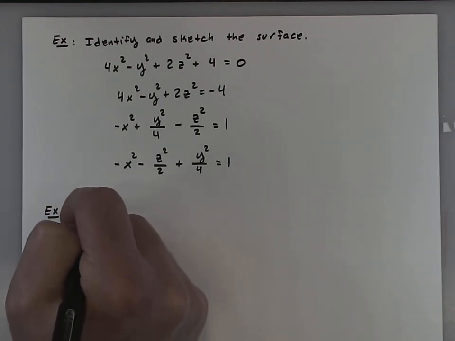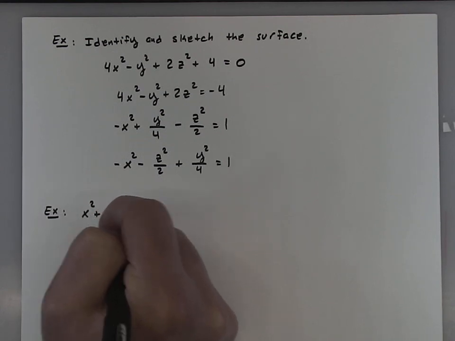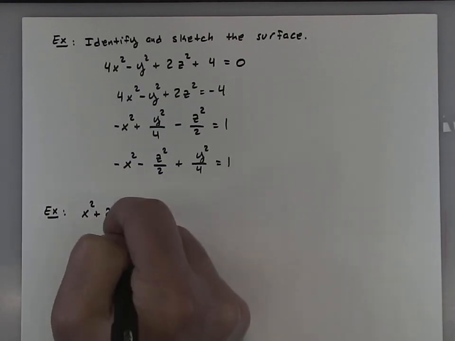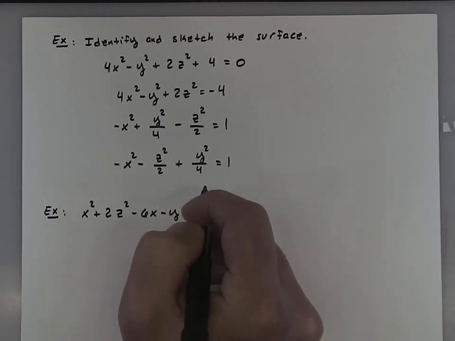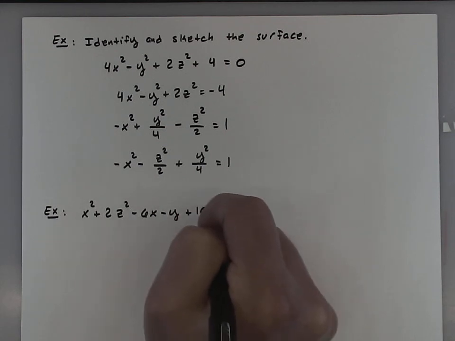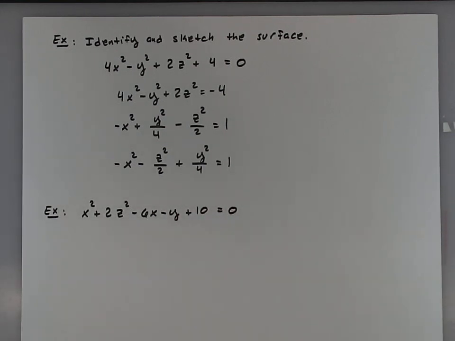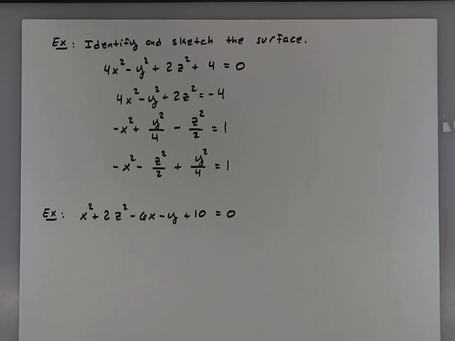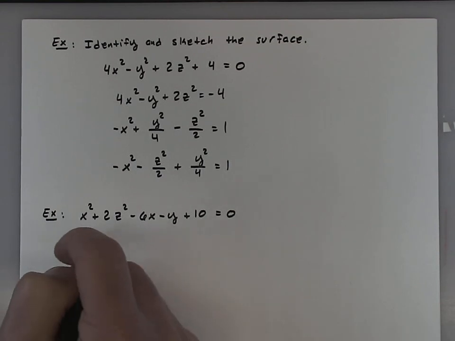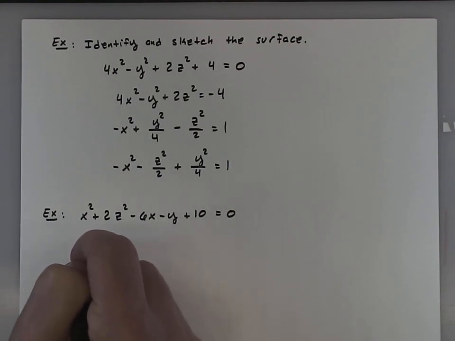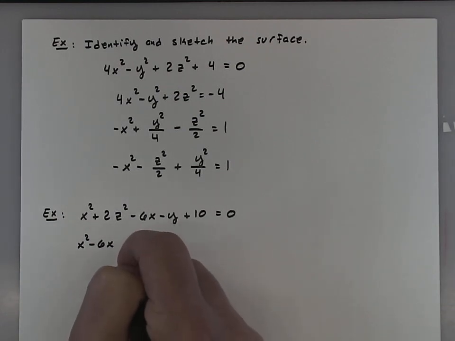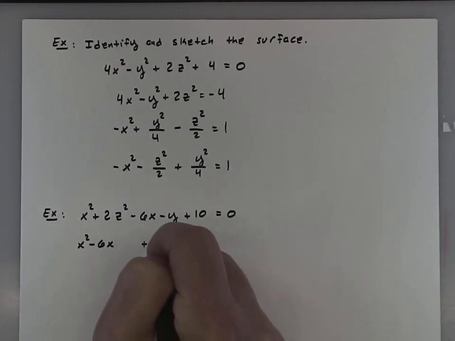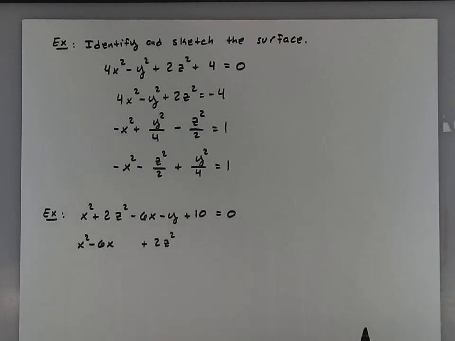Example, x squared plus 2z squared minus 6x minus y plus 10 is equal to 0. So I need to complete the square to be able to get this in the form to graph it. If I group the x's, x squared minus 6x, I'll leave some space, plus 2z squared.